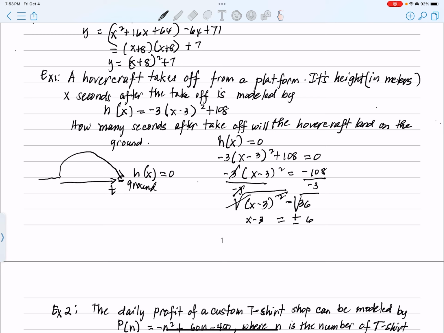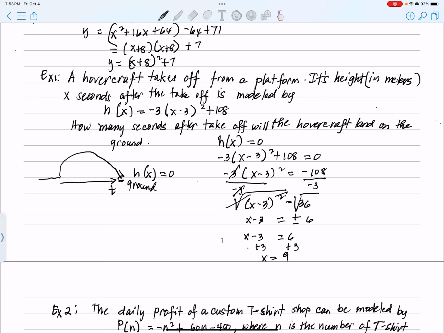Okay, so let's do this. I will do the positive first. x minus 3 equals 6. That means add 3 on both sides. x would be equal to 9.